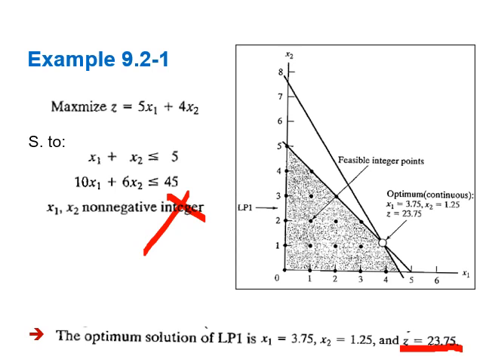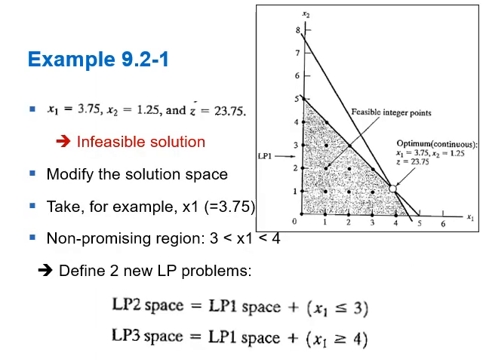So now we know that our optimum solution for the integer problem, for our original problem, will be less than or equal to 23.75. This 23.75 is an upper bound. We will make use of that information later on.